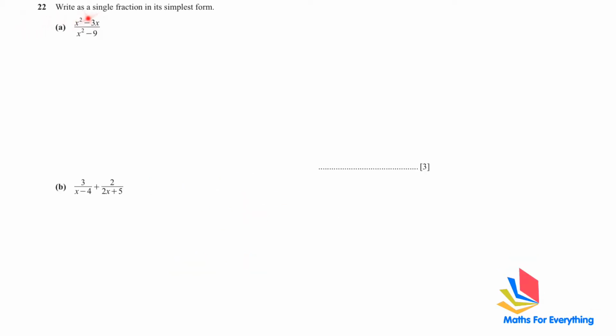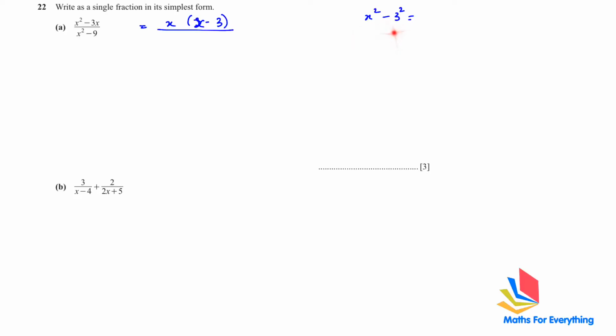Question number 22. Write as a single fraction in its simplest form. In the numerator, you have x squared minus 3x. So x is the common factor. We factorize it, we'll be left with x minus 3. And in the denominator, you have x squared minus 9. 9 can be written as 3 squared.